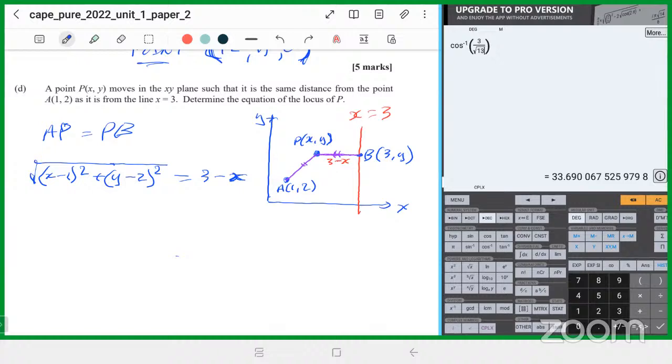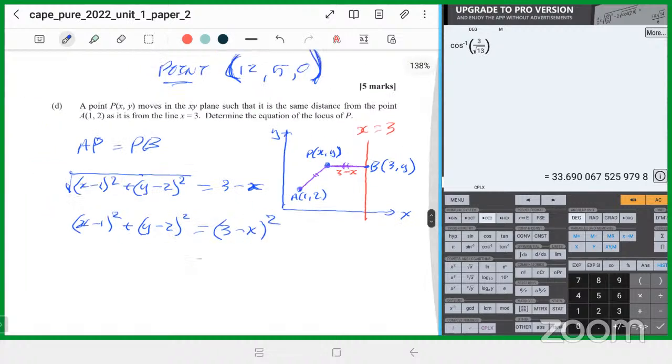But sometimes I want to simplify it down to the simplest terms possible. So we can square both sides to get rid of the square root. We'll get x minus 1 squared plus y minus 2 squared equals, I'm going to square this now, 3 minus x squared.